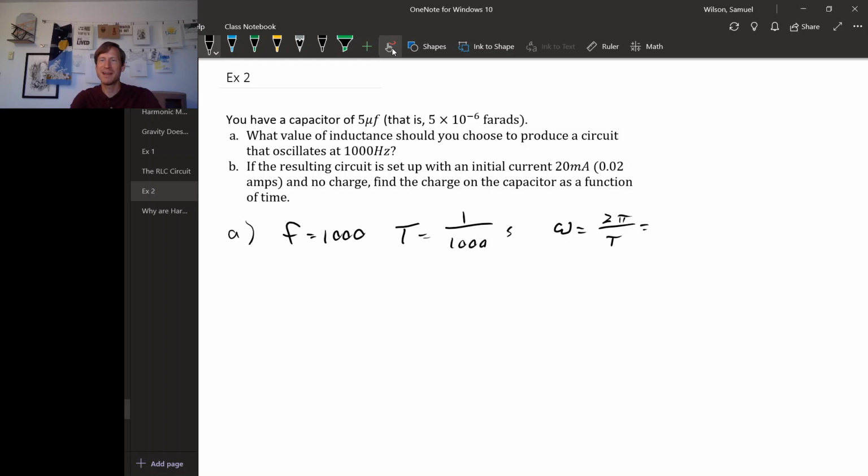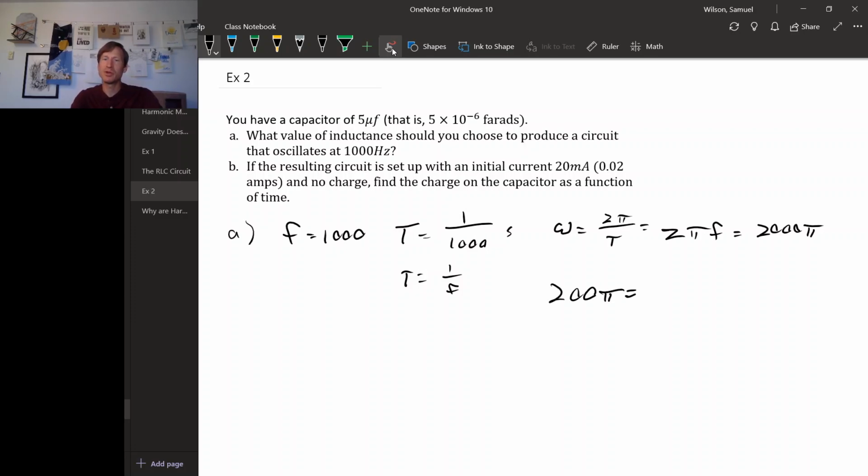Or another way to write that, since the period is 1 over the frequency, omega is 2 pi times the frequency. So that's going to be 2,000 pi. Okay, so we need omega to be 2,000 pi.